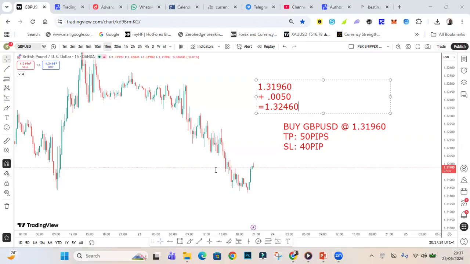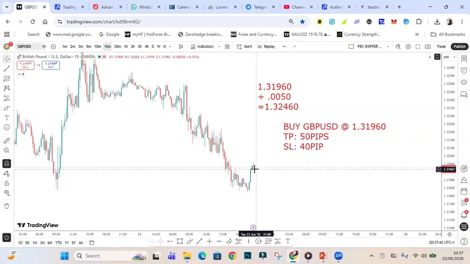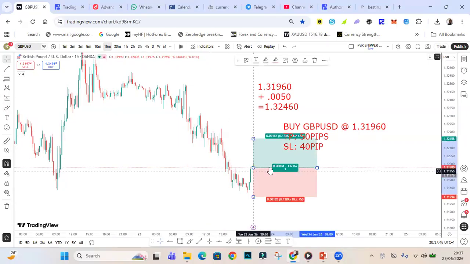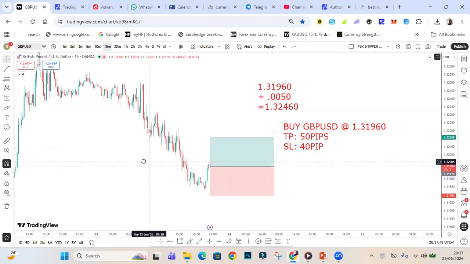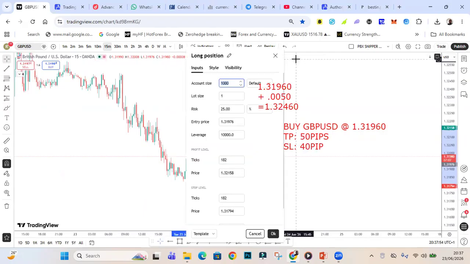So let's plot this thing and see. We say our entry price is 60.